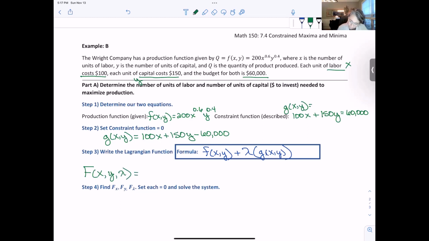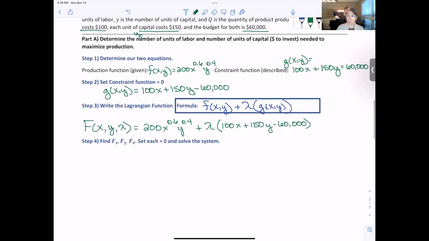So we're going to use our production function, 200x to the 0.6 y to the 0.4, plus lambda times our constraint function once they've set it equal to 0, which is 100x plus 150y minus 60,000. You can distribute that lambda right away if you want to. A lot of people find that helps them with step 4.